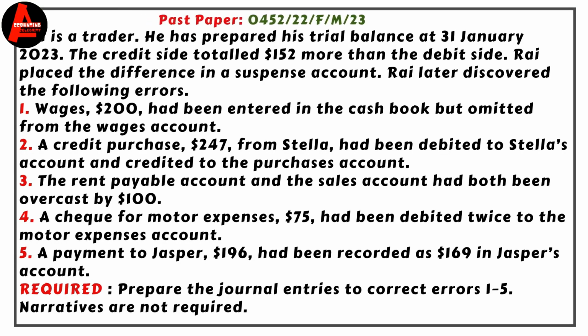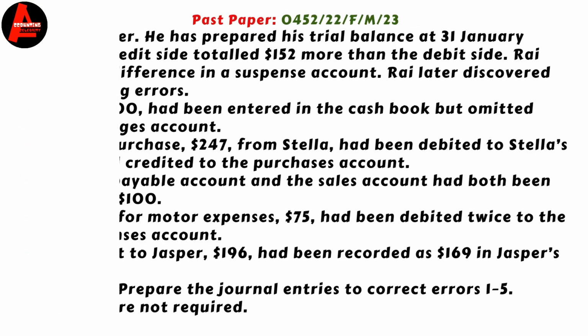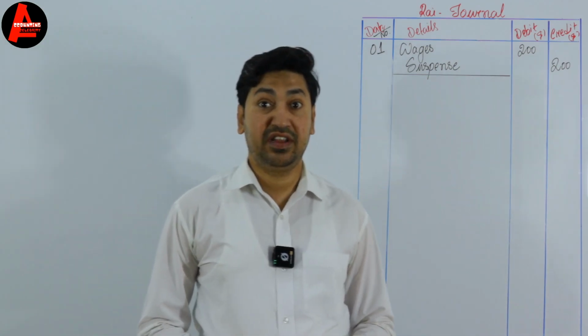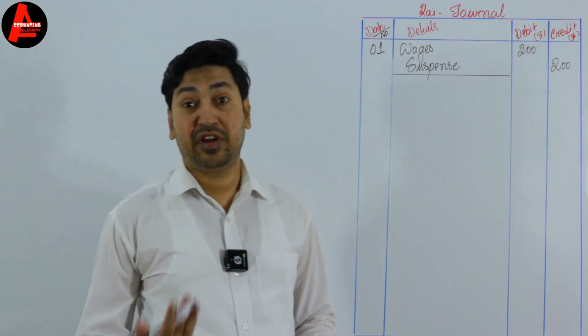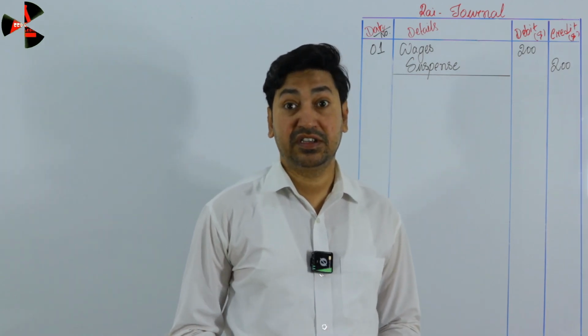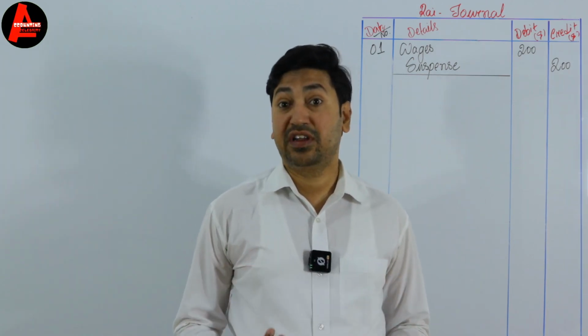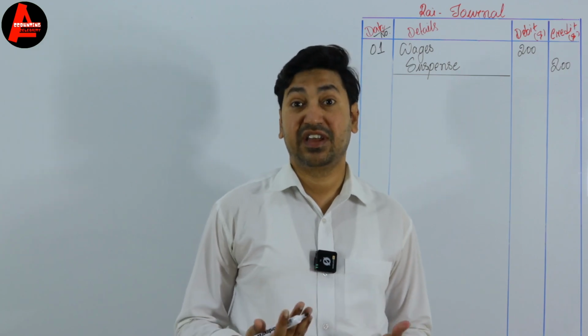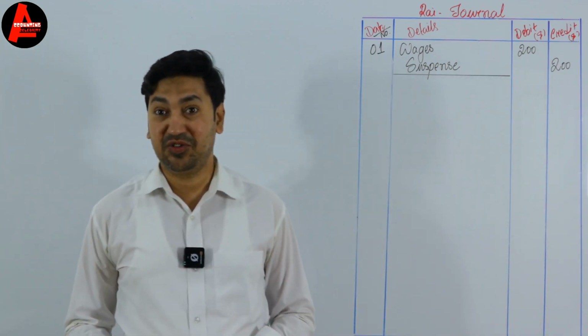Credit purchase $247 from Stella had been debited to Stella's account and credited to the purchase account. So this is an error of complete reversal: the debit account had been credited and the credit account had been debited. Here it is a purchase on credit. What is the correct transaction? Purchase account to be debited and Stella's account to be credited.